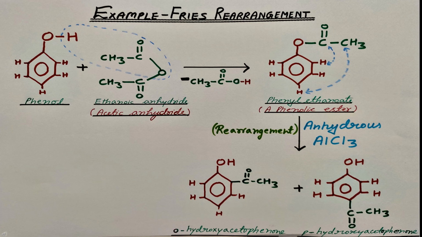The leftover part CH3CO will combine to the phenoxide ion, forming phenolic ester, that is phenyl ethanoate. This phenyl ethanoate in the presence of anhydrous AlCl3 undergoes rearrangement reaction, forming ortho-hydroxyacetophenone and para-hydroxyacetophenone as products.